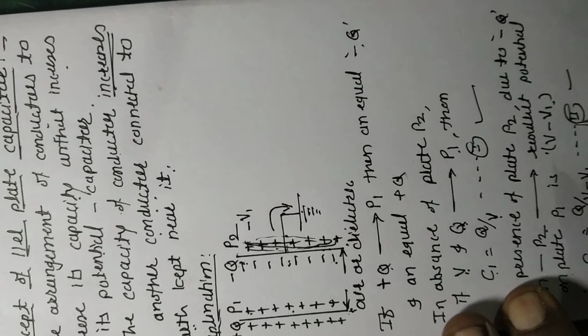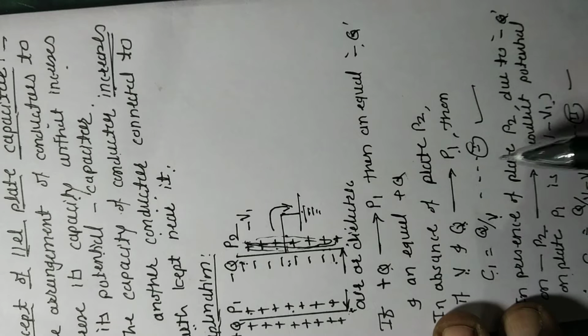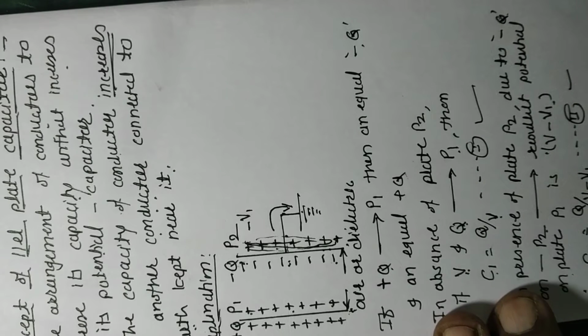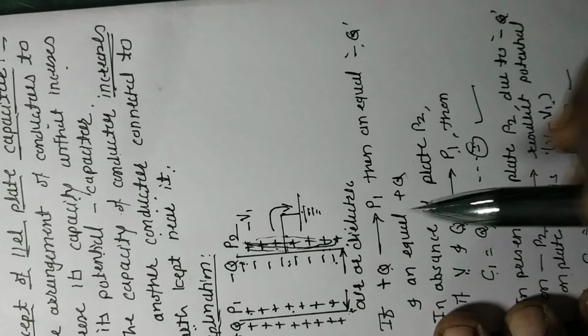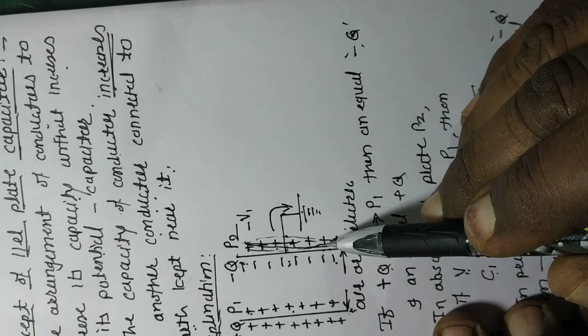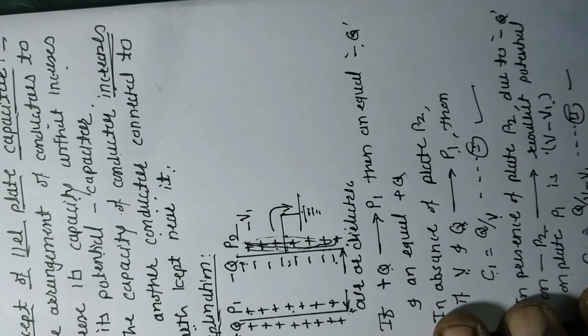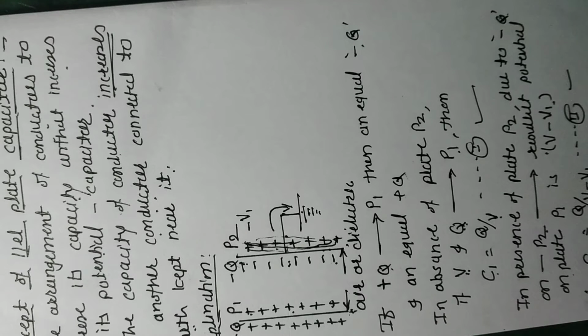From equations 1 and 2, C2 is greater than C1, means capacity of conductor increases by placing another conductor near it connected to earth, means capacity increases with decrease in potential.